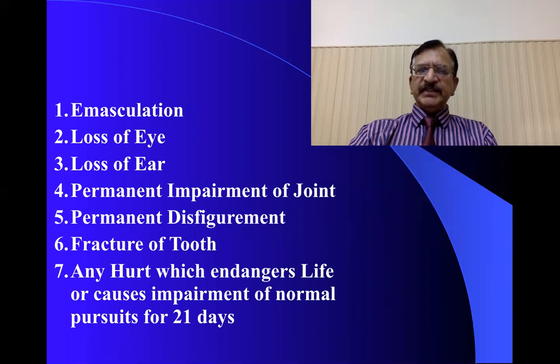So you can see loss of tooth and loss of eye are the same grievous hurt. Similarly, permanent disfigurement or emasculation, they are all classified under grievous hurts which were previously used. But in Pakistan now, the Qisas and Diyat Act is prevalent and the injuries are defined in a more elaborate manner and compensation is awarded.